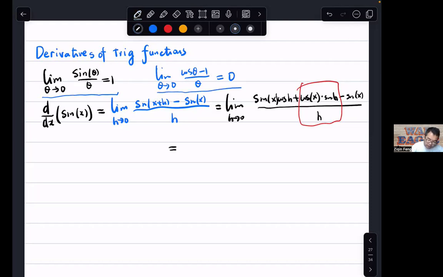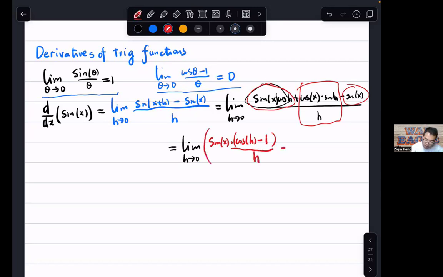Group the terms that have similar factors, first and last. Sine of x is a common factor. You get sine of x times cosine of h minus 1 divided by our denominator h, then plus cosine of x times sine of h over h.